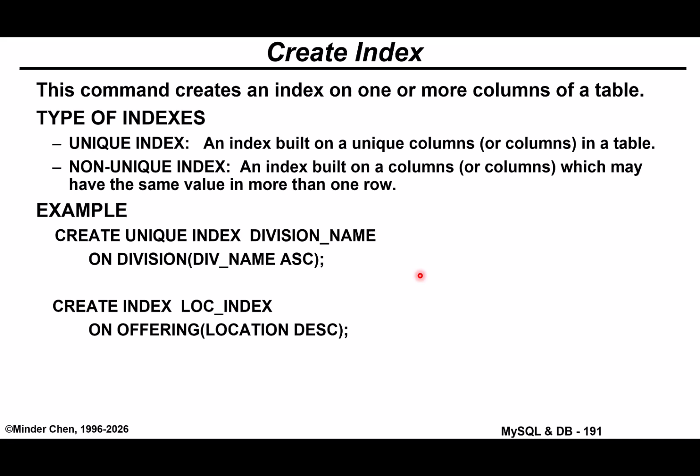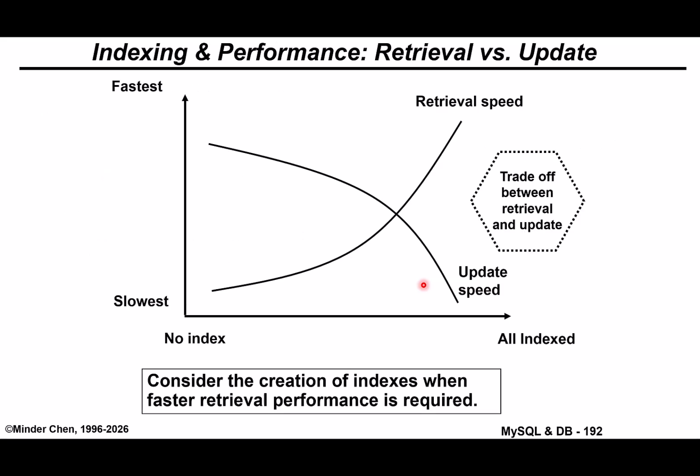So why do we need an index? An index allows you to retrieve data much faster. It lets you perform certain select statements, particularly when you use those indexed columns in the where clause or as a join condition, much faster.